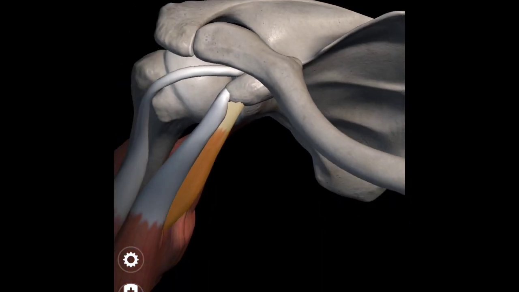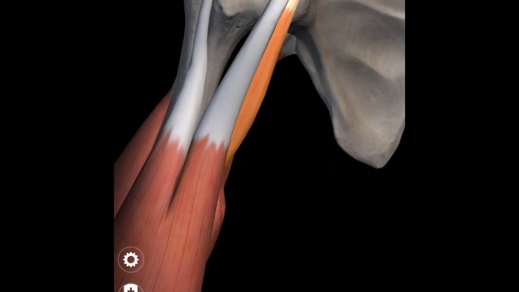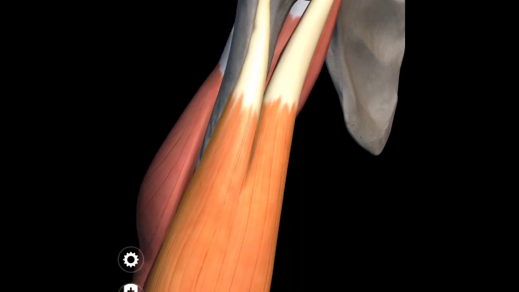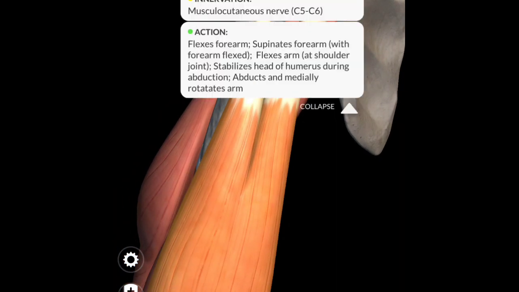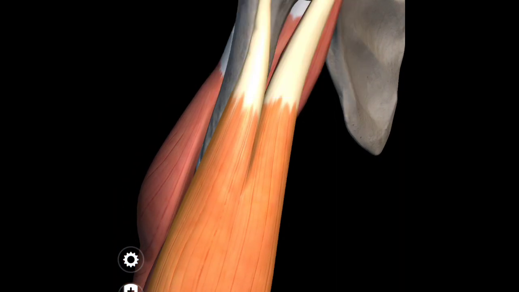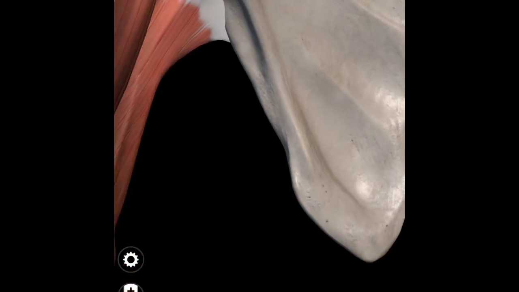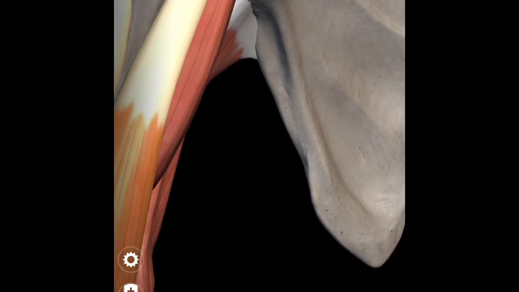Okay, behind this, now you can see the long head. The long head is attached to the supraglenoid tubercle. Here is the supraglenoid tubercle, and here is the infraglenoid tubercle.